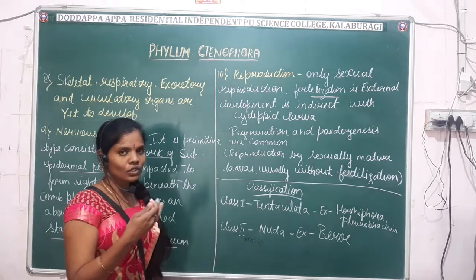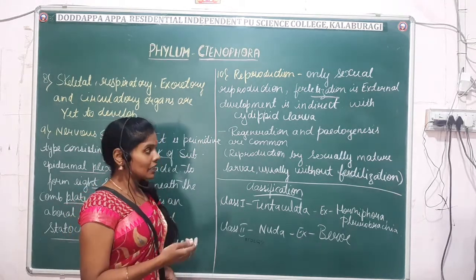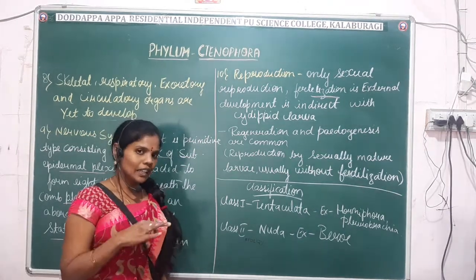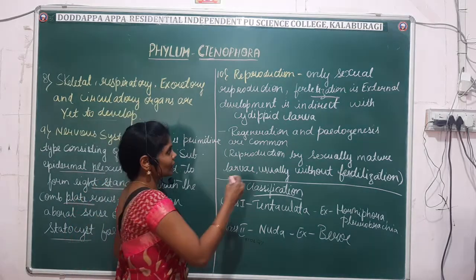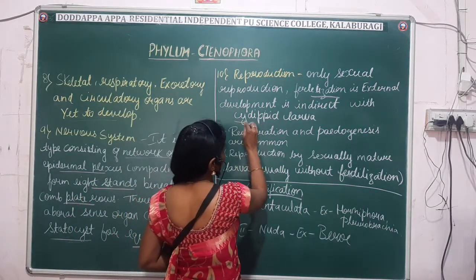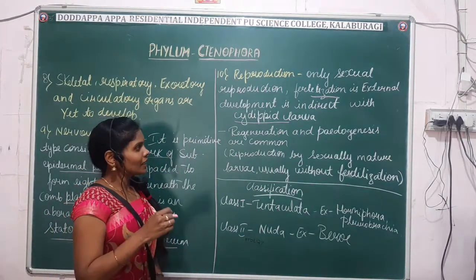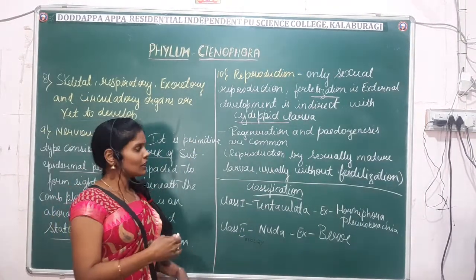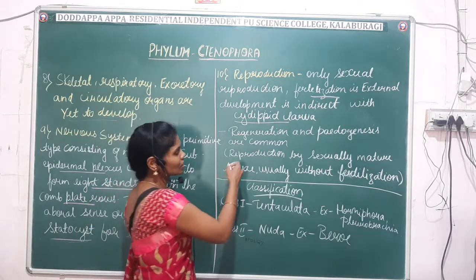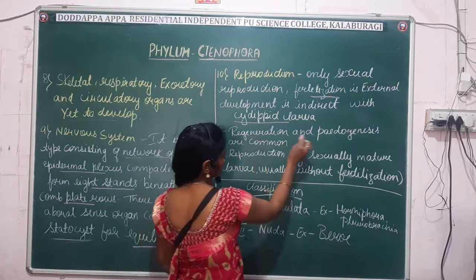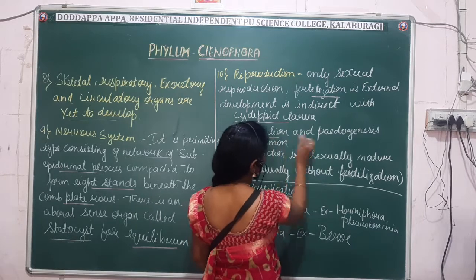In case of ctenophores, the fertilization is external and the development is indirect with the larval stage, which is known as cydippid larva. Next, another important feature of ctenophores is regeneration and pedogenesis.